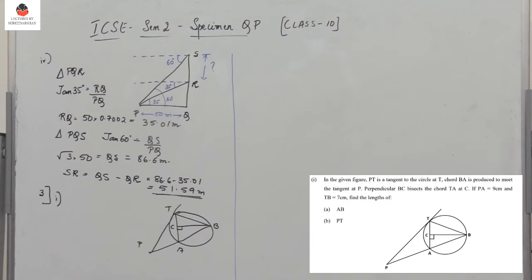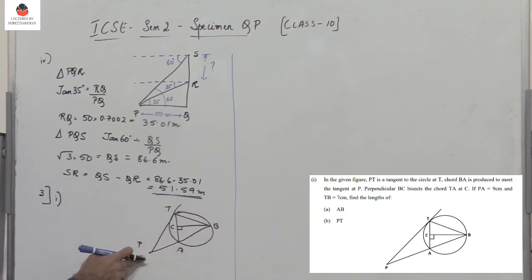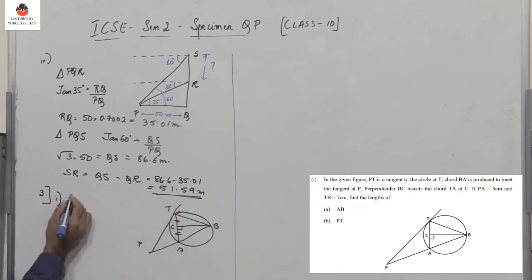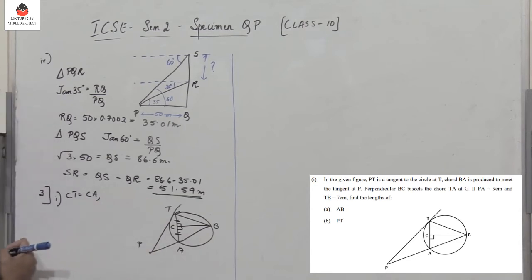In the given figure, PT is the tangent to the circle at T, and you have the chord BA, which is produced to meet the tangent at P, and we have the perpendicular BC bisects the chord TA at C. So it bisects TA, which means that these two are equal, right? So CT is equal to CA. It's a perpendicular bisector, so this is 90 degrees.